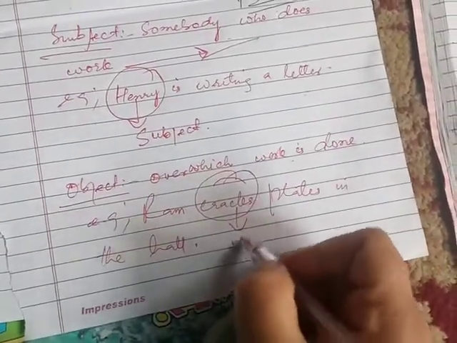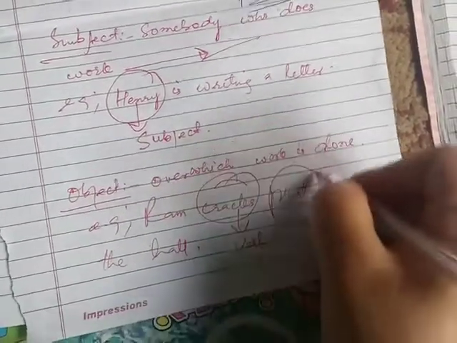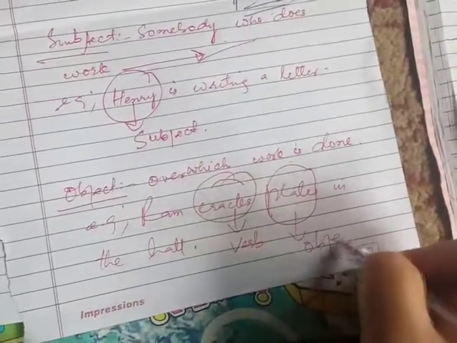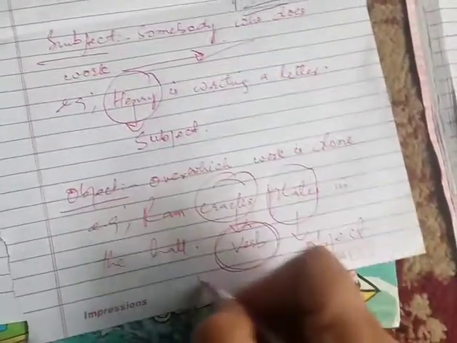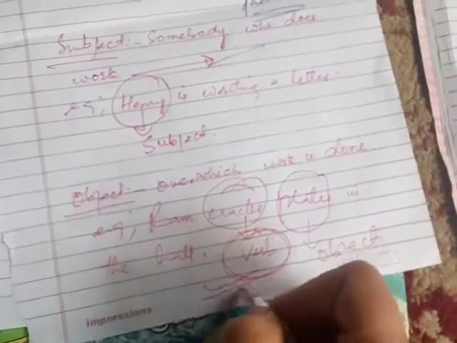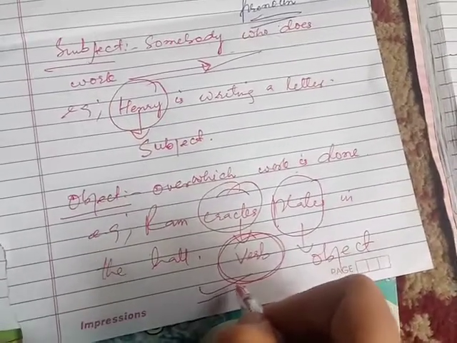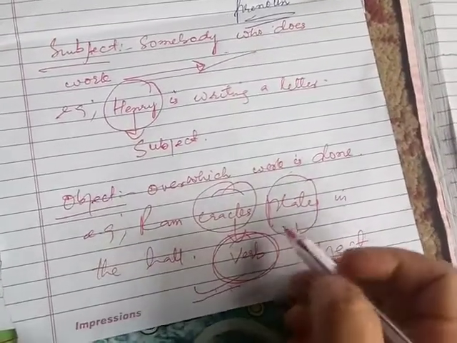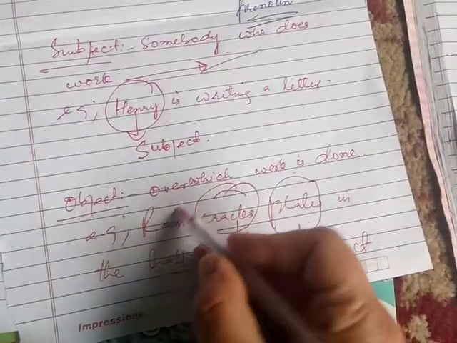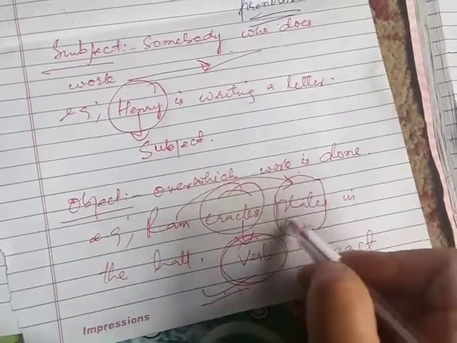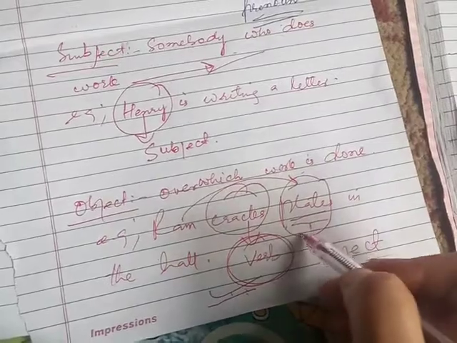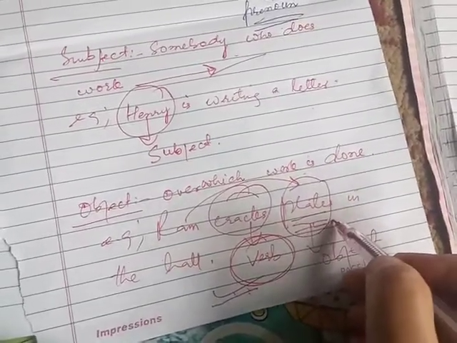Sorry, this is the verb. Cracks is the verb. And plates, this is the object. What is a verb? This is the main part of a sentence. A verb is the main part of a sentence. A sentence cannot exist without a verb. So Ram does the work, the subject does the work. Here, plates is the object because work is done on this. Therefore, this is the object. So, this was about subject and object.